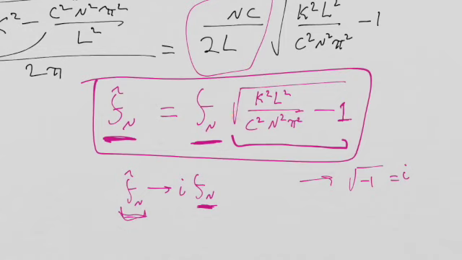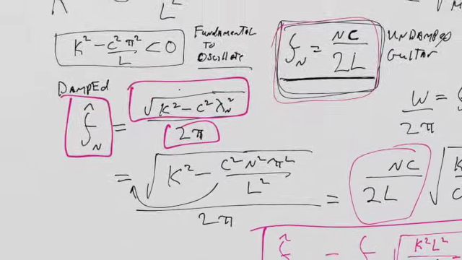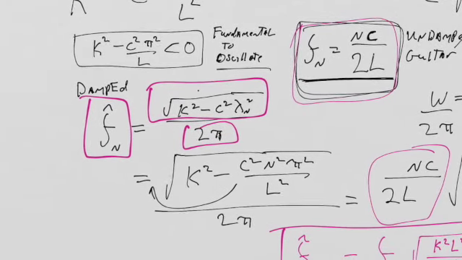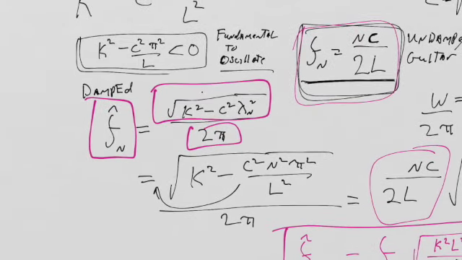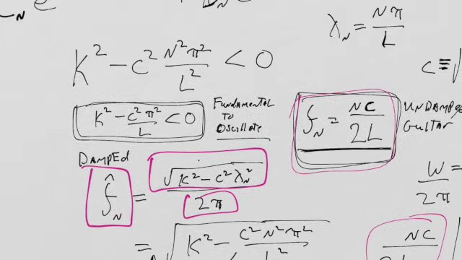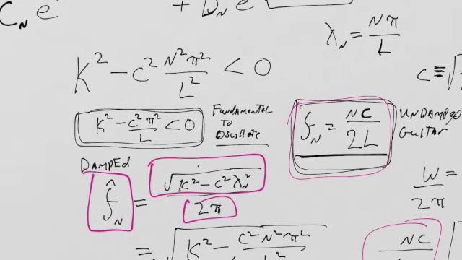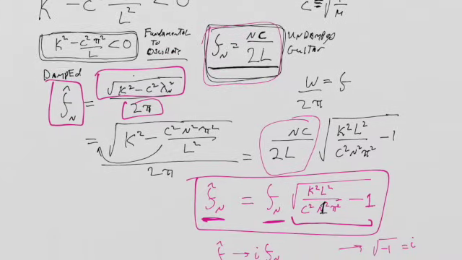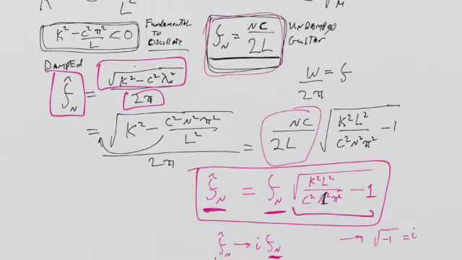We'll try to figure out how significant it actually is for the guitar. When n equals 1, that term goes away, and this is our condition. It's equivalent to the condition we talked about earlier, which allows this thing to oscillate at all. Another way of saying it is that this has to be less than 0, which is effectively the same thing.